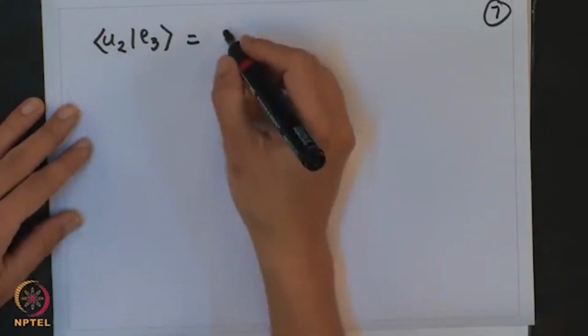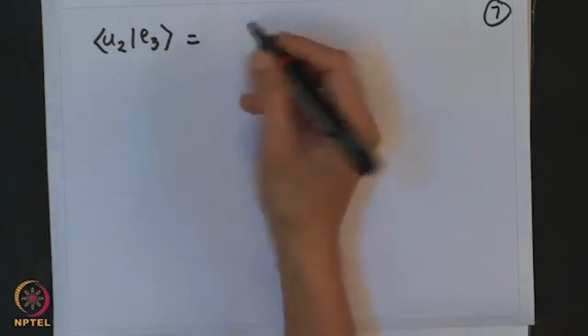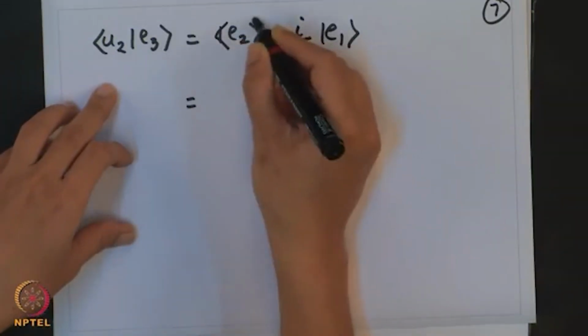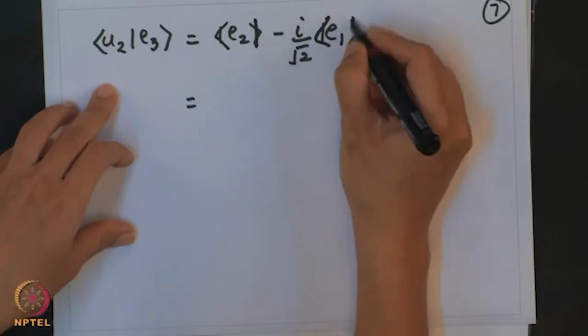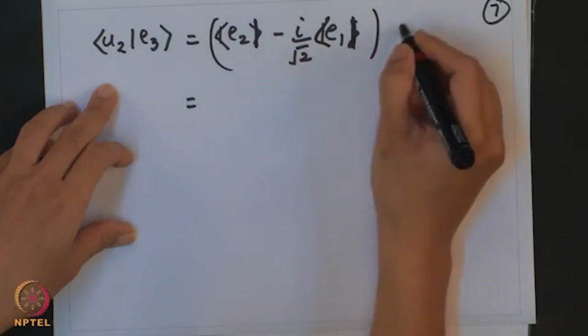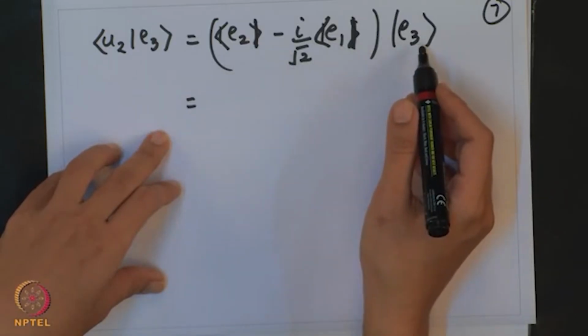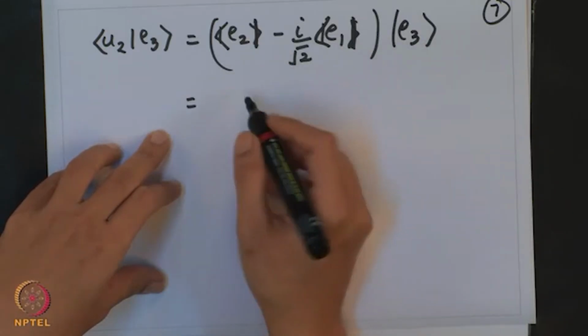U2 E3 will be nothing but, what was my U2? U2 was this, times E3. So, this E2 on E3 we have it as 2.